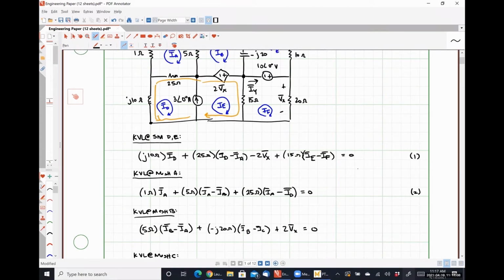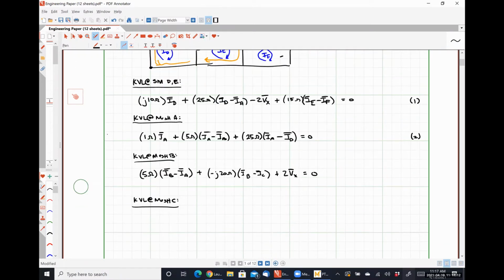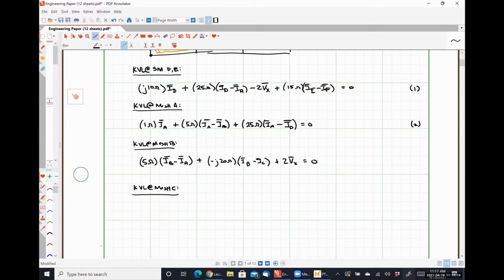Starting at that node, I see my minus J20 ohm capacitor first. So that's going to be IC minus IB.